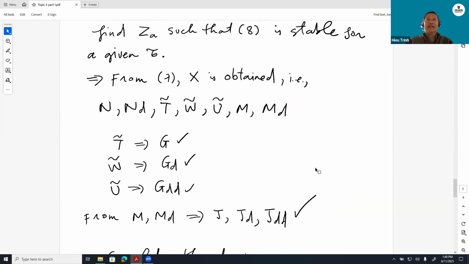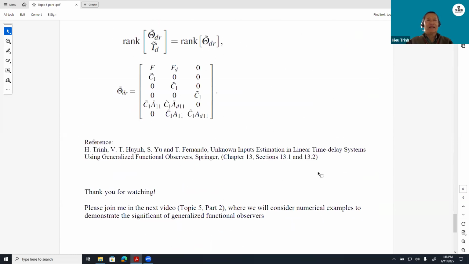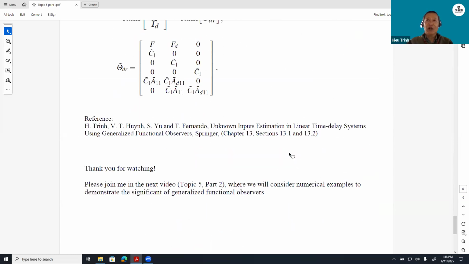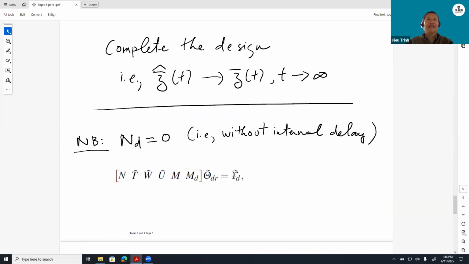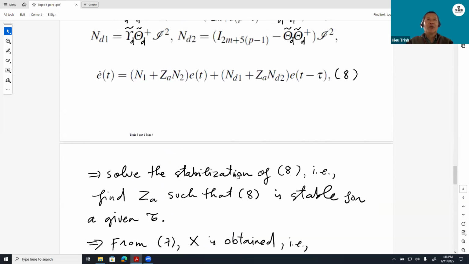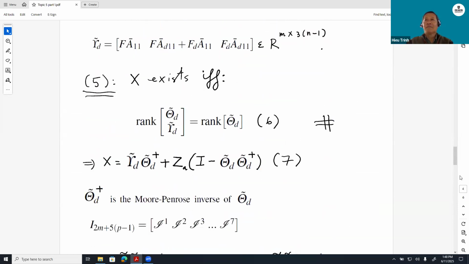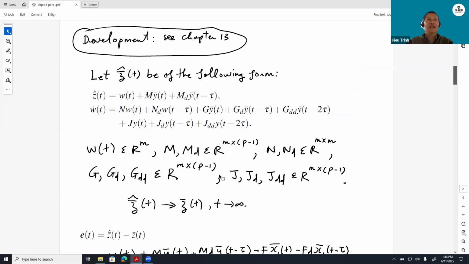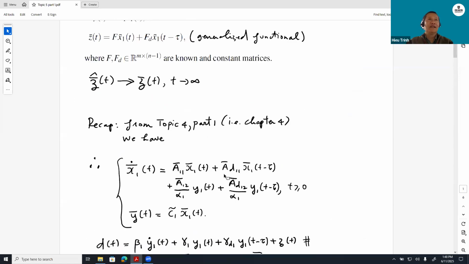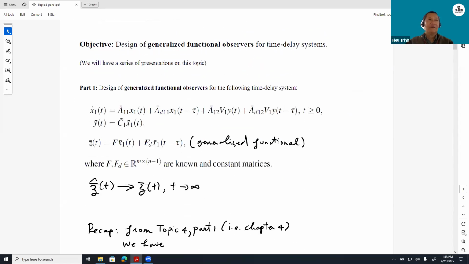Now, in the next video, we're going to consider numerical examples to demonstrate the significance of generalized functional observers. As I mentioned in the previous talk, we're going to show that this generalized functional observer, estimating this directly, has advantages.